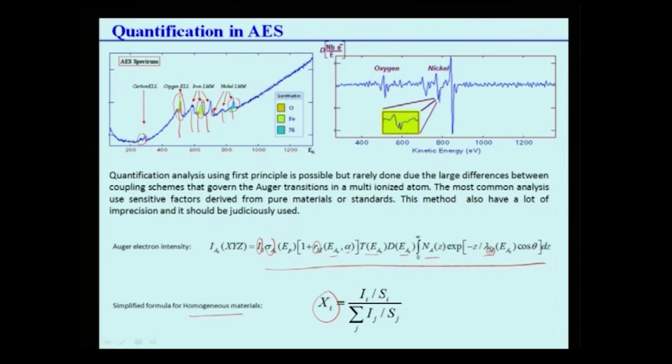One can also differentiate these intensities with respect to energy and get a much better plot, which I have already discussed about the AES spectra. The oxygen spectra becomes like this, nickel comes like that. This way one can improve the quantification precision much better.